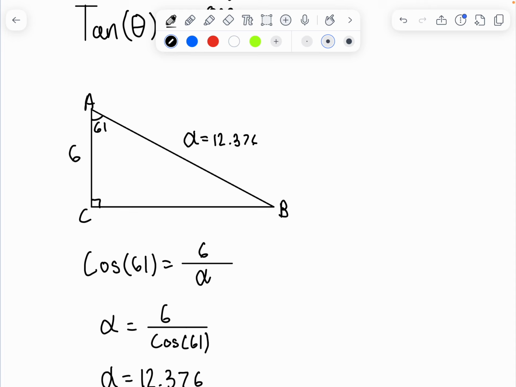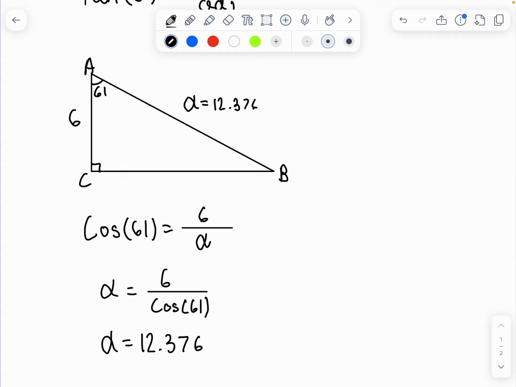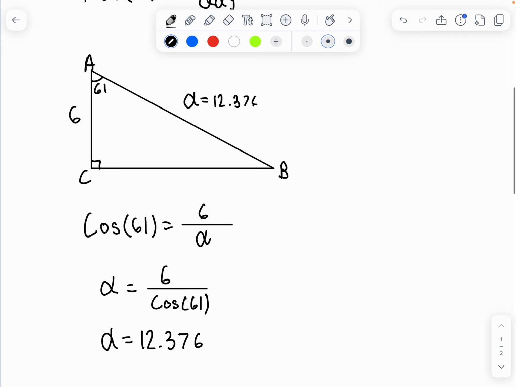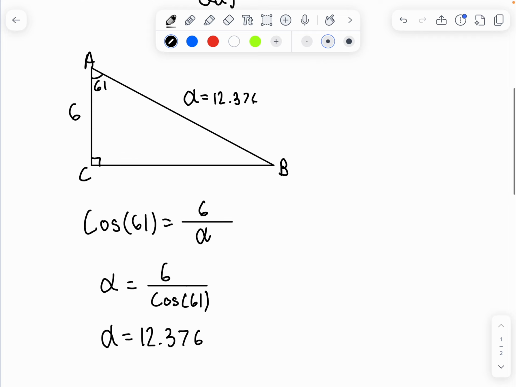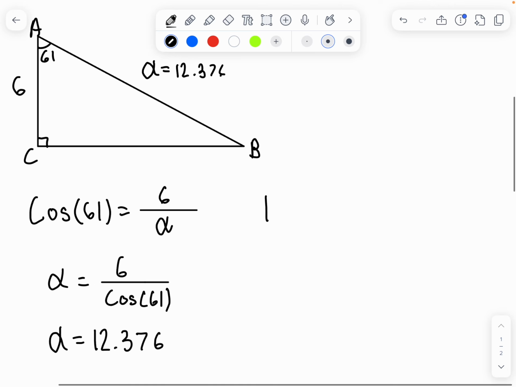And now we can also find the value of BC. To find the value of BC, we also first have to find, well, no, not necessarily. So now we can just use tangent. If you recall from before, tangent is opposite over adjacent.